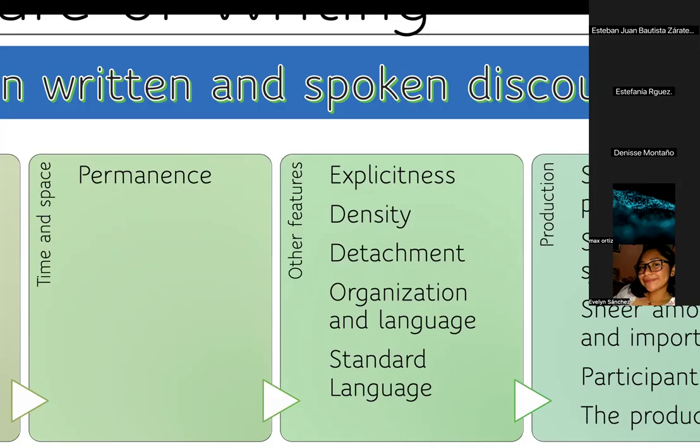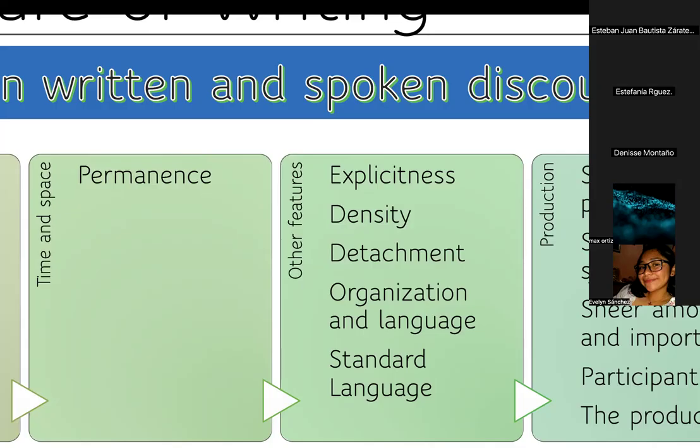When you are producing a spoken text, something that is very explicit is the words you use to communicate the message. And because spoken text tends to be shorter than written text, you need to focus on explicit words to transmit the message.